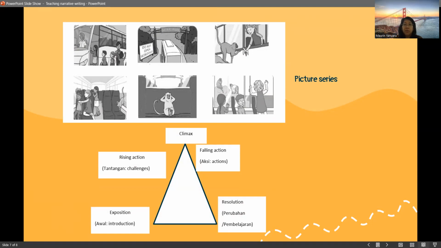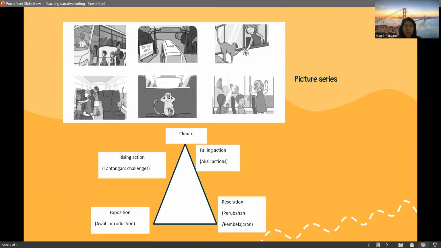The philosophy of A.T.A.P itself is used to construct the content or to structure the ideas. But actually it fits with the components of narrative writing described by Freytag.